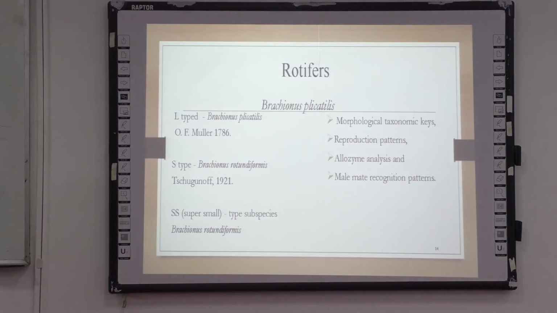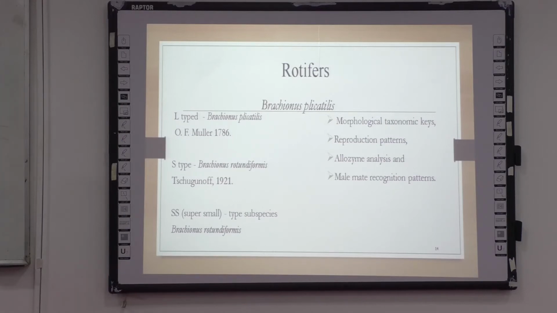In that, one particular species, Brachionus, is cultured in tons and supplied to all the hatcheries for satisfying the feed requirement of both shrimp as well as fishes.